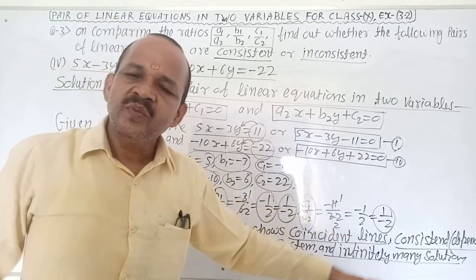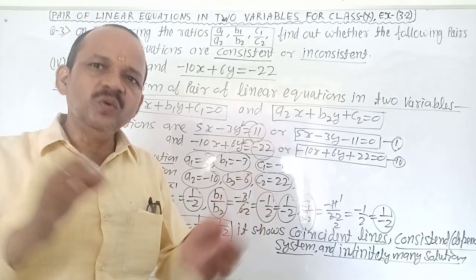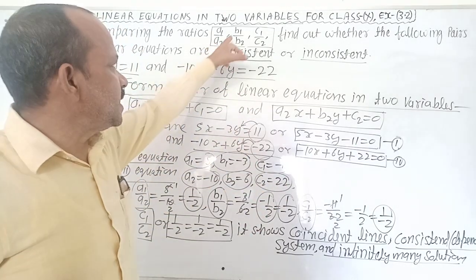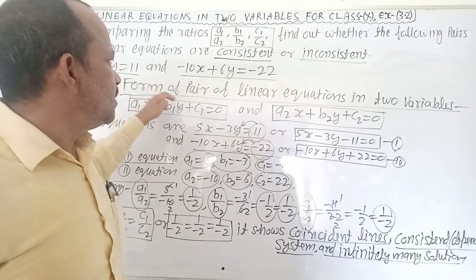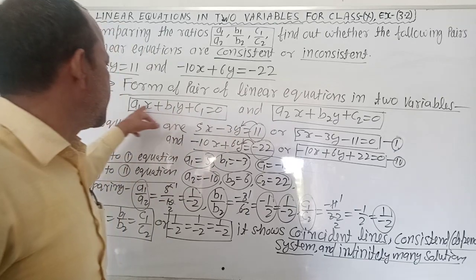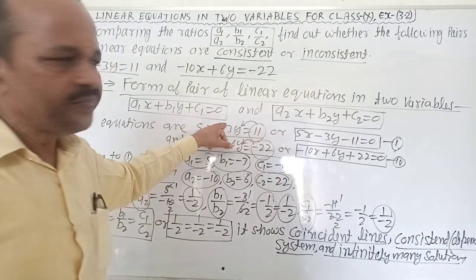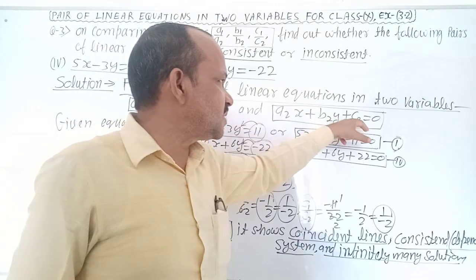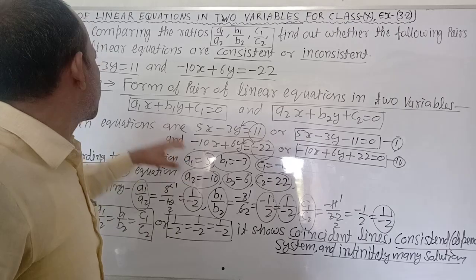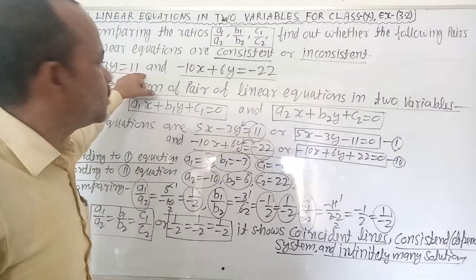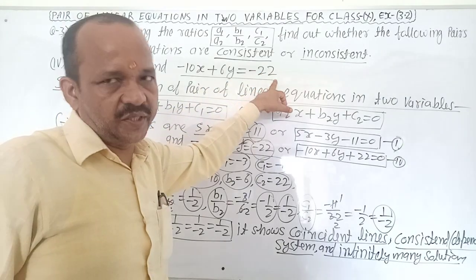Very good. You solve your question very easily, and you compare a1 by a2, b1 by b2, c1 by c2 with the help of the form of a pair of linear equations in two variables, a1x plus b1y plus c1 equal to 0 and a2x plus b2y plus c2 equal to 0, and with the help of the two equations, 5x minus 3y equal to 11 and minus 10x plus 6y equal to minus 22.